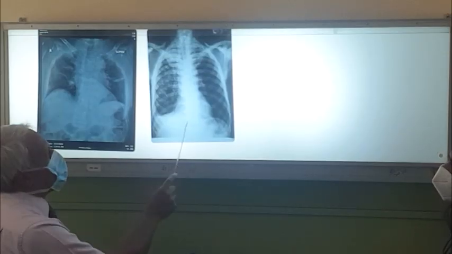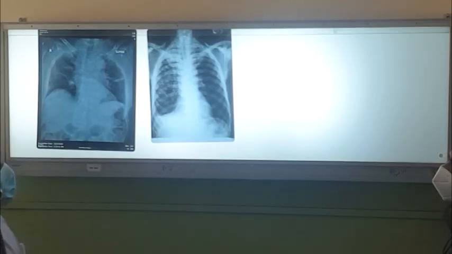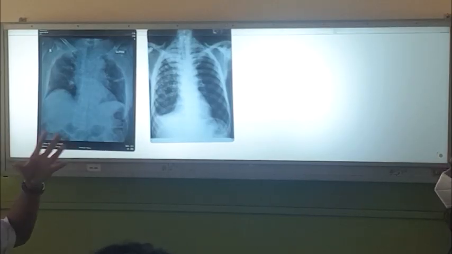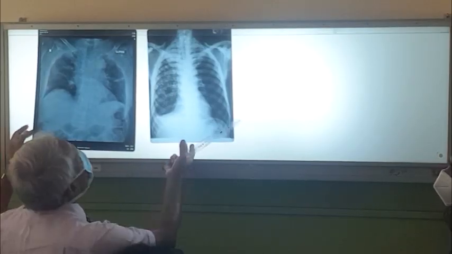Bone sclerosis like this you can get with disseminated CA prostate, right? Chronic renal failure, and then the other one is fluorosis in the Anuradhapura area. Okay. So when you see X-rays, in addition to the lesions, you have to concentrate on the bones also, the appearance of the bones, right?